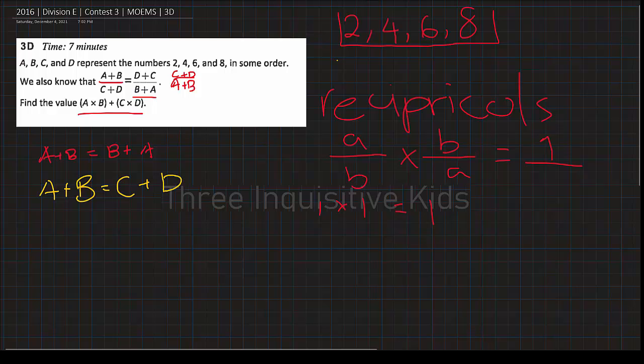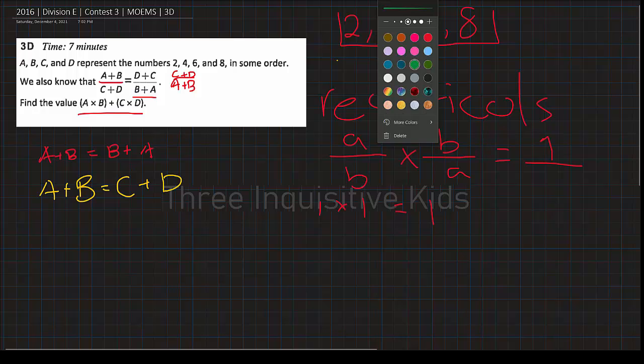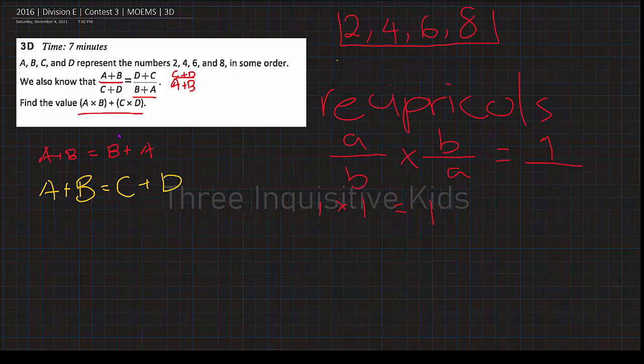I don't know which order they are in, but that doesn't matter. We'll just assume that A and B are 2 and 8, but I don't really know the order, and that doesn't matter. And C and D are 4 and 6.